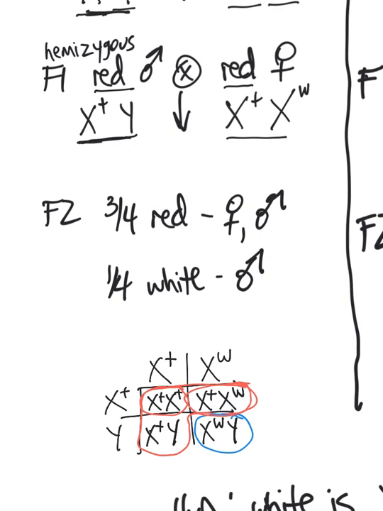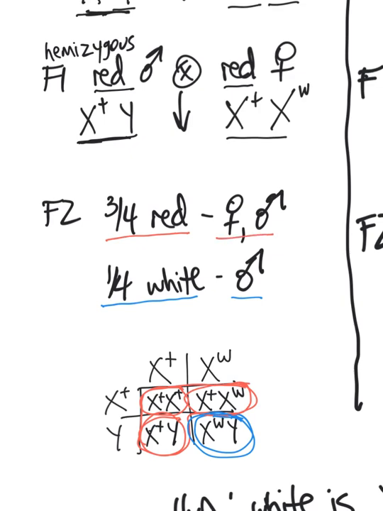Out of the 2 ways of making a male, half of the males would have red eyes, and half would have white eyes. So 1/4 of all the offspring are white, and all of those white-eyed flies are male. 3/4 of all the offspring are red, and they include a mix of both sexes.